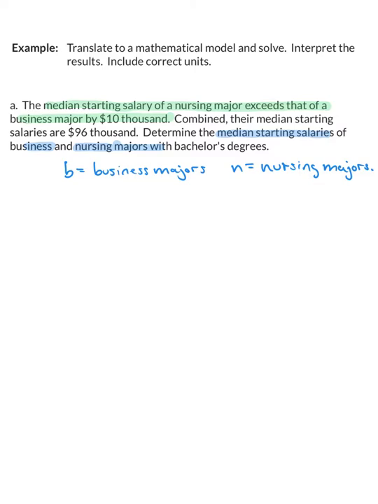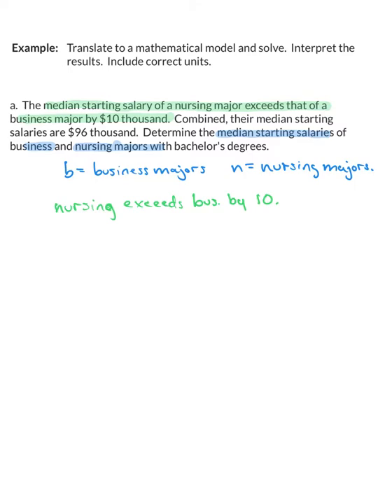So what we have is nursing exceeds business by 10,000. And I'm just going to leave it as a 10. I don't want to add in more zeros. That'll make the numbers a lot larger and make the problem a little bit harder to solve. So nursing exceeds business by 10.